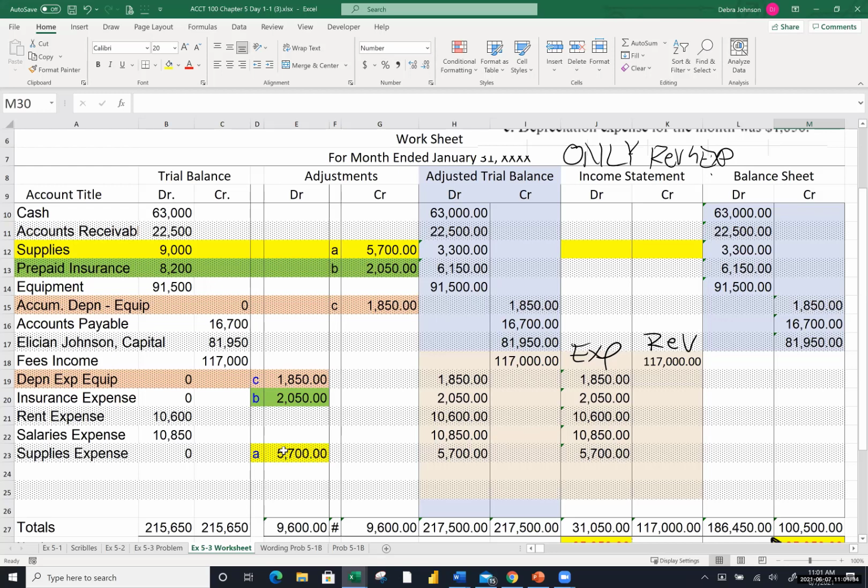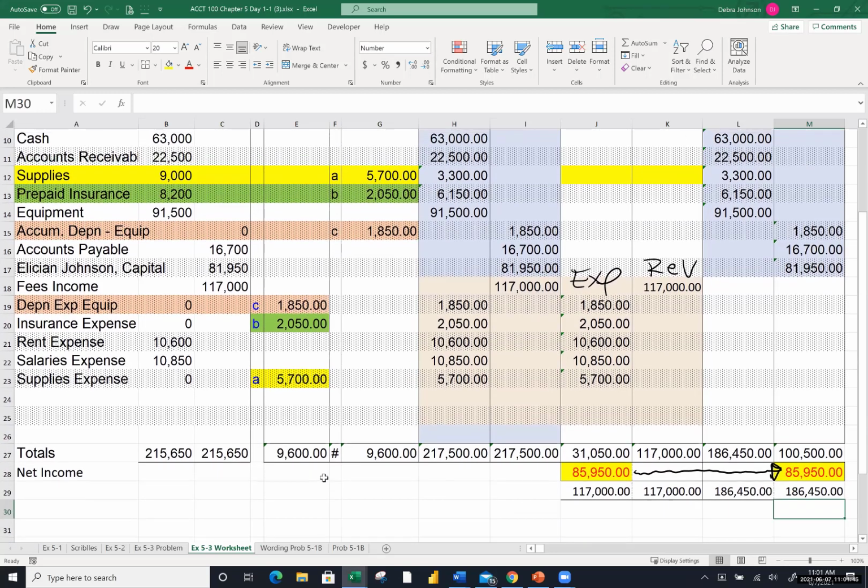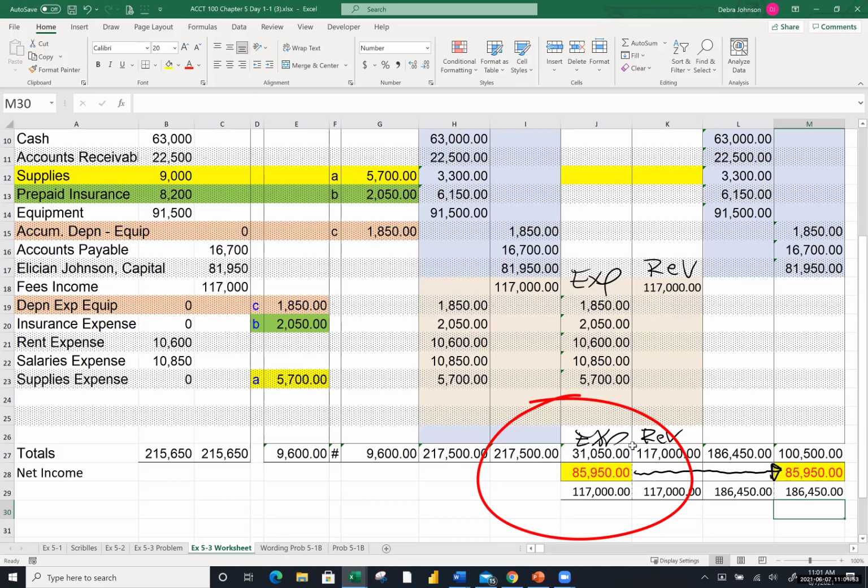Questions on anything ahead, anything on the calendar, questions on the exam that's upcoming, anything? How did you get the 85,950? So over here, I took the difference between these revenues and expenses here on the income statement side.